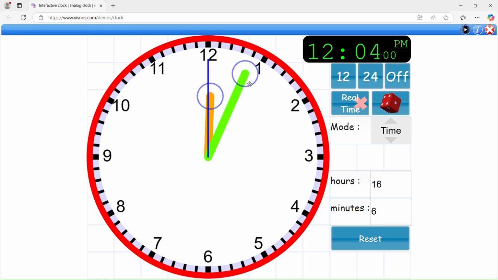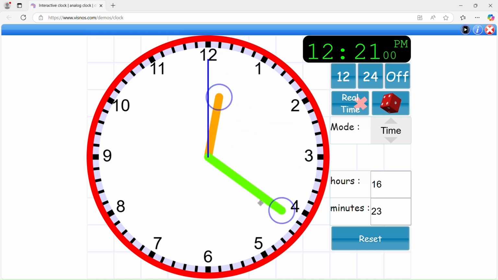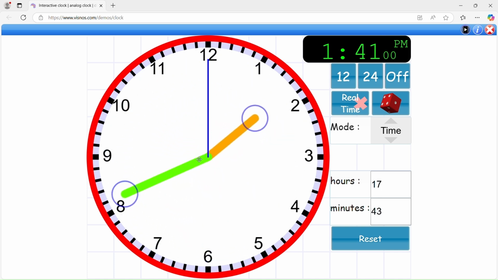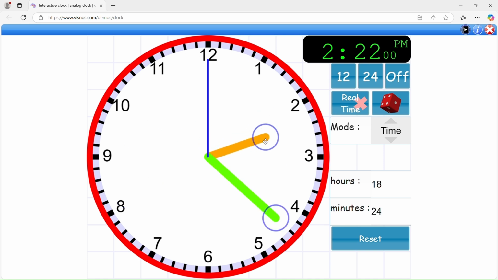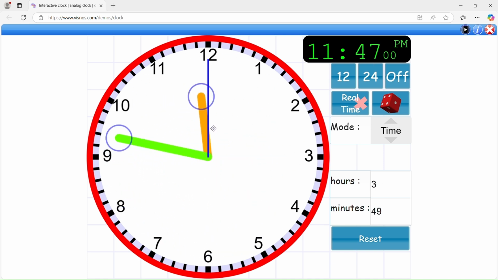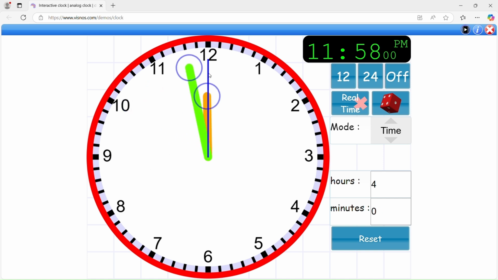This is because all of the minutes after are now in the last 12 hours of the day, so we need a PM ending. And we can keep on going around and around until we get to 11:59 PM, and when we hit 12, it goes back to AM, since we're starting the first 12 hours of the new day.